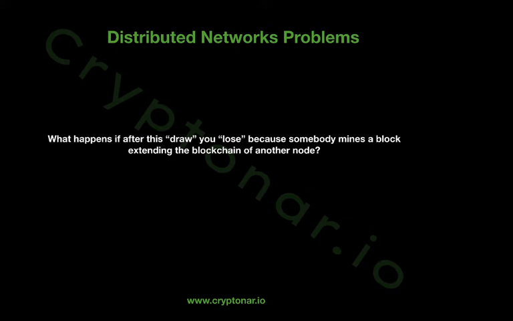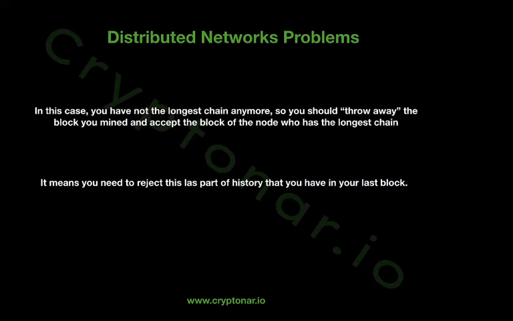And so in this case, if you have the bad luck of having lost this race, what you need to do is just this. Throw away everything that you have since the beginning of this split, and begin to get the information of the other person, which transactions they accepted, and these kinds of things.